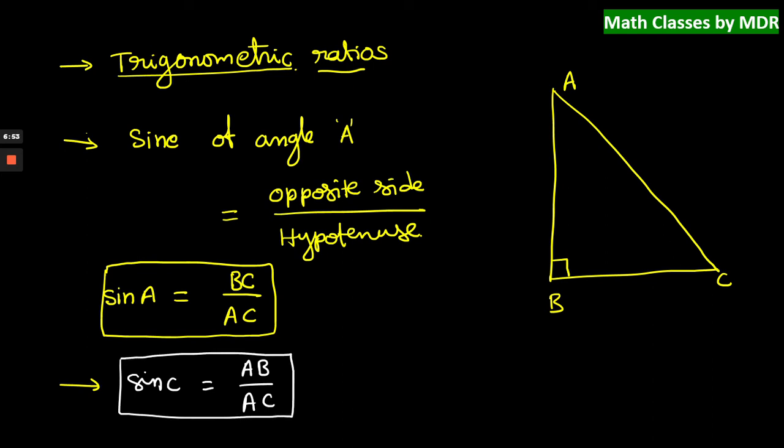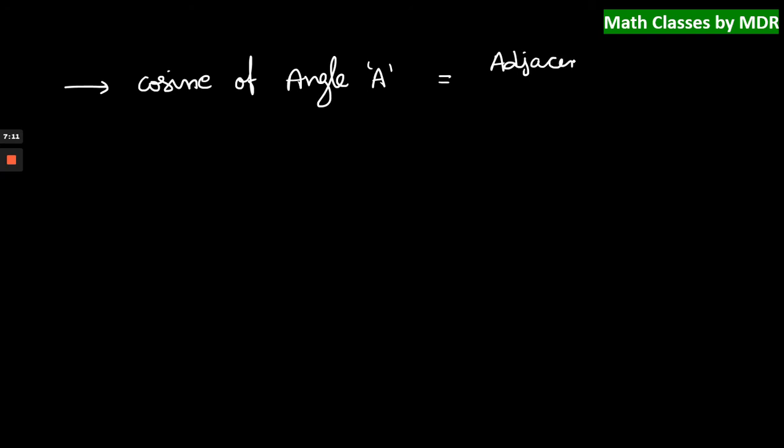Right? Now let us define the cosine, the second trigonometric ratio, that is the cosine of angle A. What is the cosine of angle A? The cosine of angle A is defined as the adjacent side to the angle A by the hypotenuse.